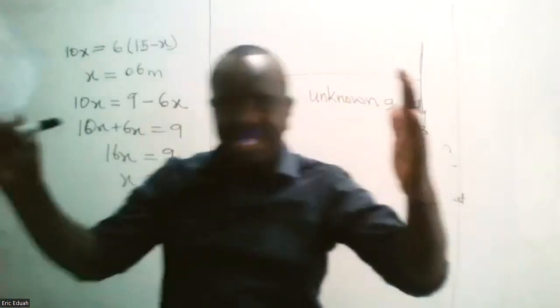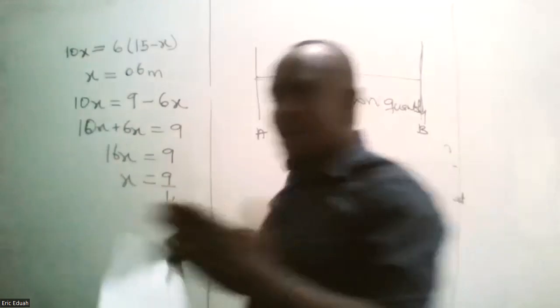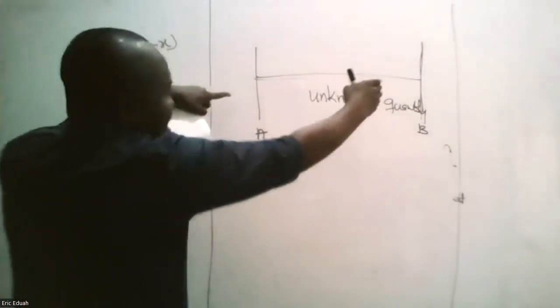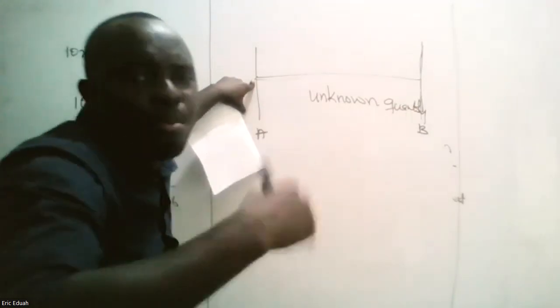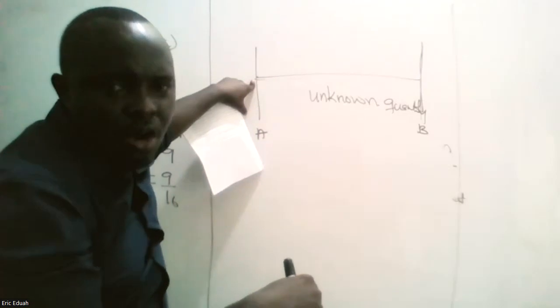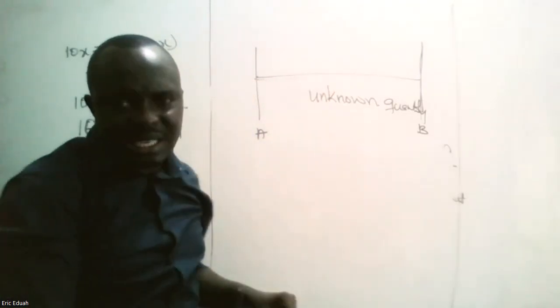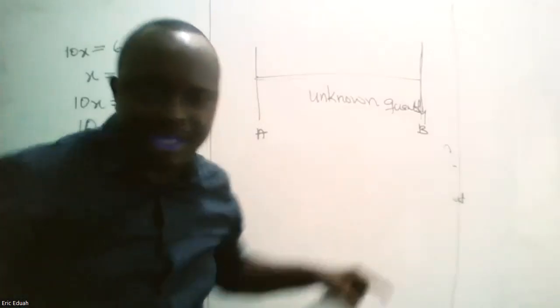It's a fixed or a standard. Now, as I bring it here, what am I doing? I'm looking at how many more or less of this unknown quantity can be obtained from the known quantity.